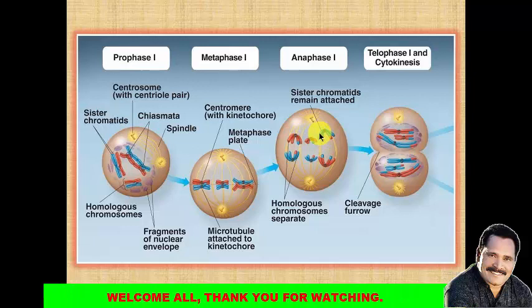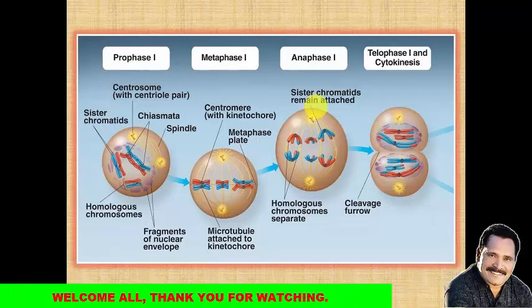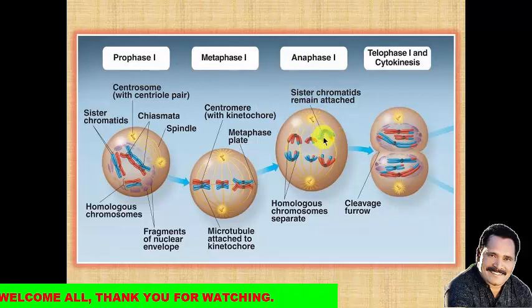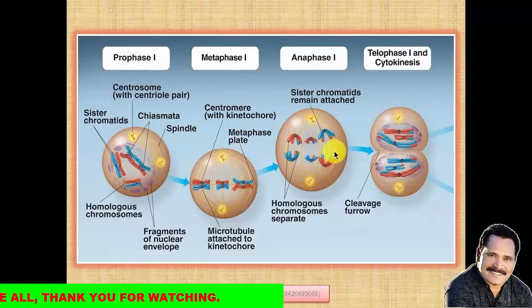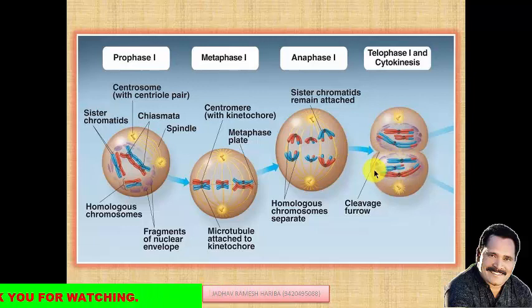In the anaphase we have seen that the shape of the chromosomes is like a bunch of bananas. After the completion of this anaphase first, the cell undergoes telophase first. In the telophase, as we know, the chromosomal material reaches the equatorial plane.